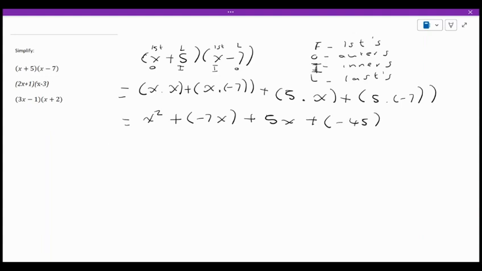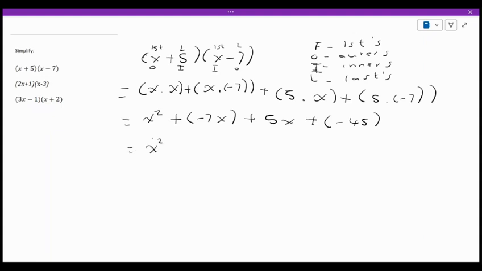And you should be careful: the terms that didn't have a negative in front of them, I didn't put a bracket around. But where a negative was involved, I put a bracket because we know that this is going to change.